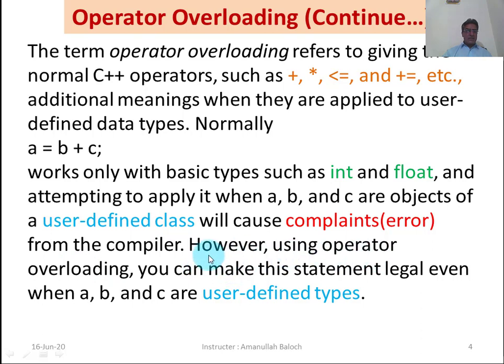However, using operator overloading, you can make this statement legal even when A, B and C are user-defined types. When we use the operator overloading feature in our program, then we can use this statement, and if A, B, C are objects, the computer will not complain.